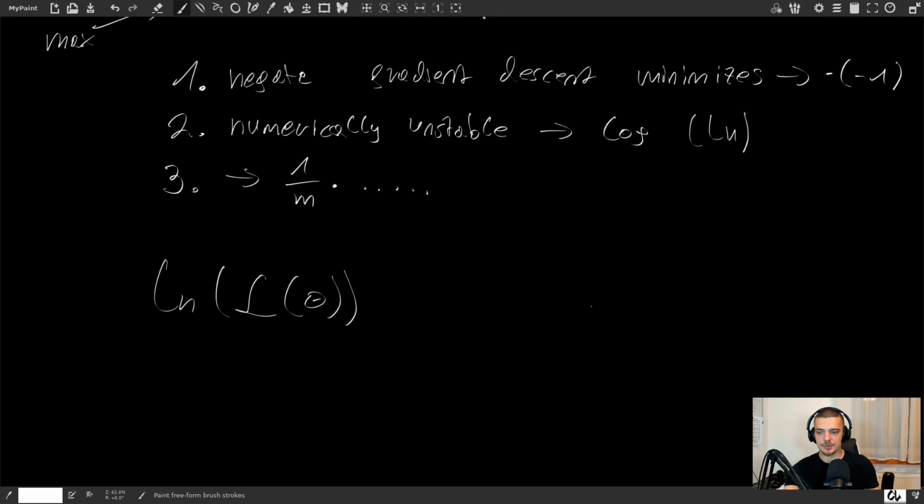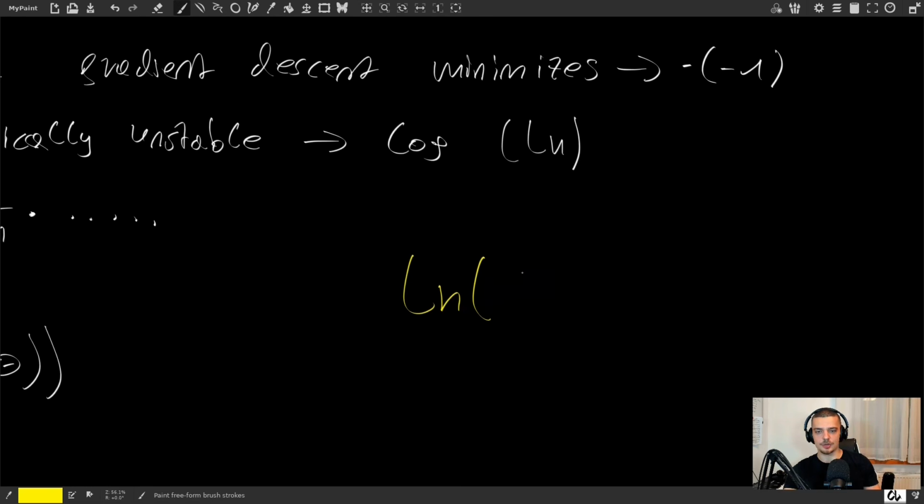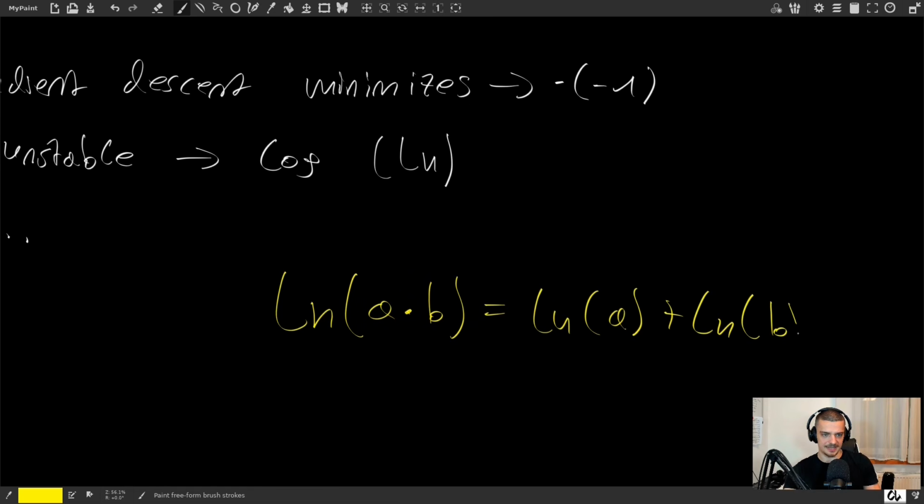Now here you need to know a couple of rules when it comes to the logarithm. When you take the logarithm, either ln or log, whatever base you're using, if you take the logarithm of a product, what happens is it becomes the sum. So that's the same as saying ln a plus ln b.